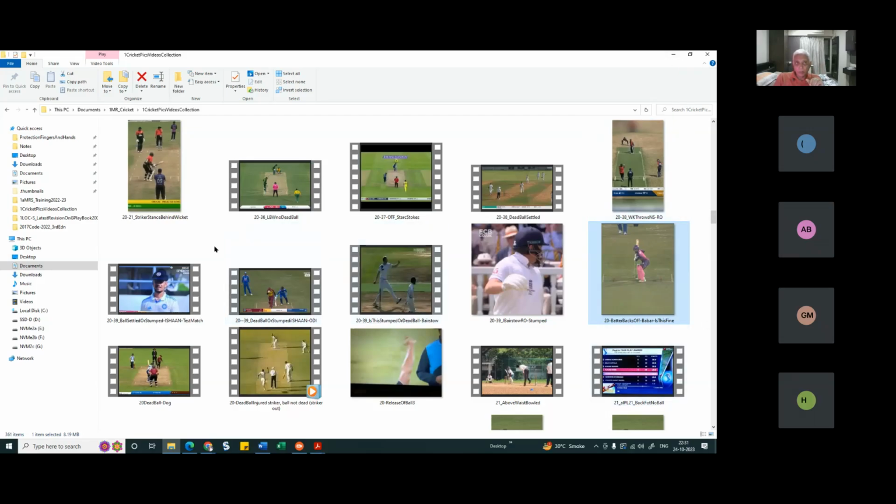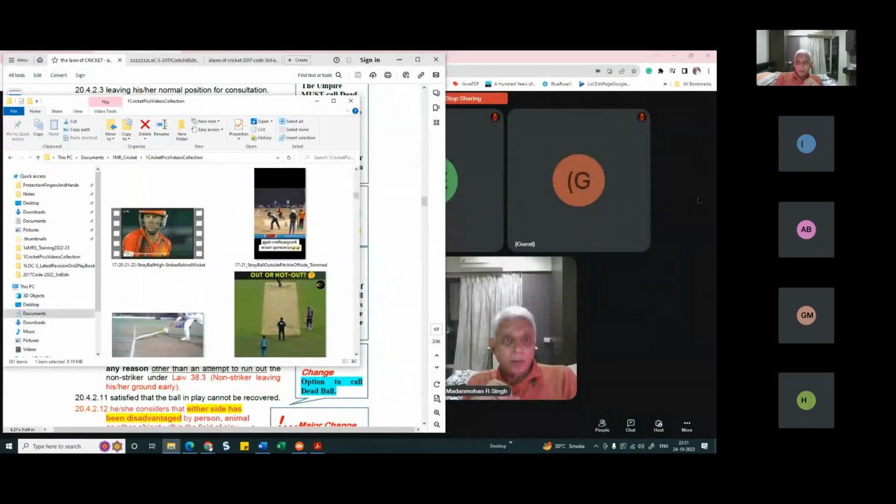Now coming to some specifics of your problem, which you said, he's always adjusting his pads and all that. When we discuss time wasting by the batting side, you will find that as a general rule, the batter should be ready to play the ball whenever the bowler is ready to bowl it.